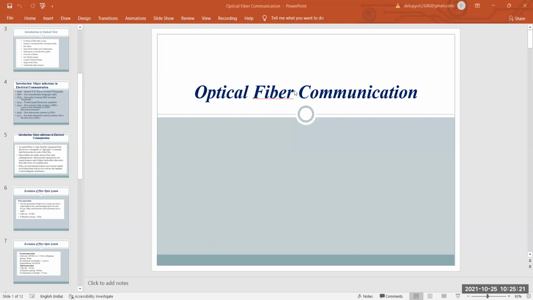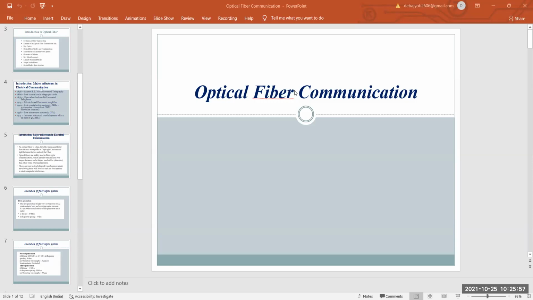So in the last class, we discussed a brief introduction of the optical fiber communication system. We started discussing the history and evolution of fiber optical communication, and we also learned the basic features of optical communication, how the signal transfers from one end to another.